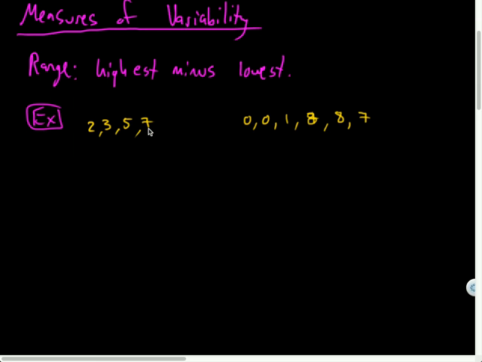So, looking at these two lists, what is the mean of this list? What is my X bar? 2, 3, 17 divided by 4. So it's like 4 1/4, I think.